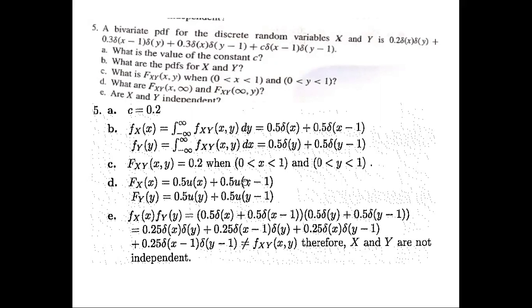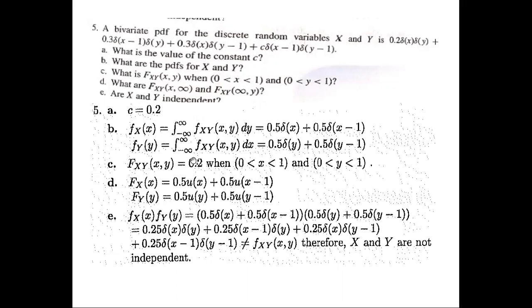So the best way to find this is to integrate within the proper limits. So delta(x) will become u(x), and delta(x minus 1) will become u(x minus 1). That's all. So each one of these becomes u(x) and u(x minus 1) when we talk about the CDF.